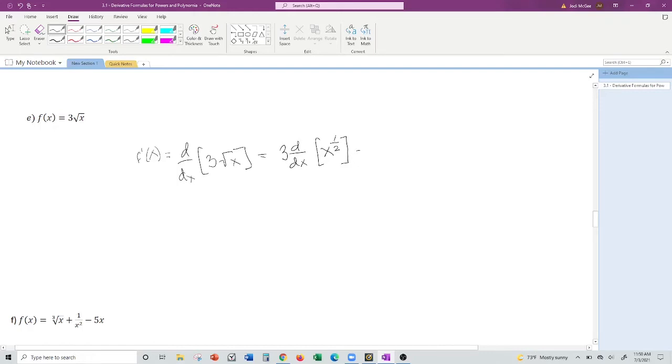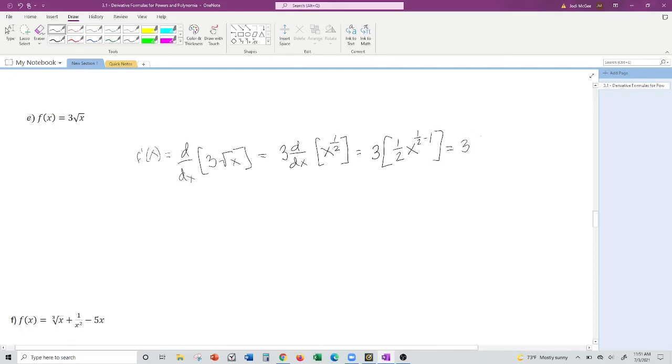So now we can go ahead and use our power rule and say we have 3 times, I'm going to leave our other work here in brackets so that we don't get lost in the multiplication afterwards. So we're going to bring down the 1/2, multiply it by x, and then we have 1/2 minus 1 in our exponent.